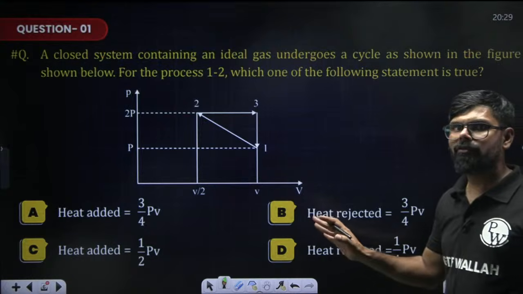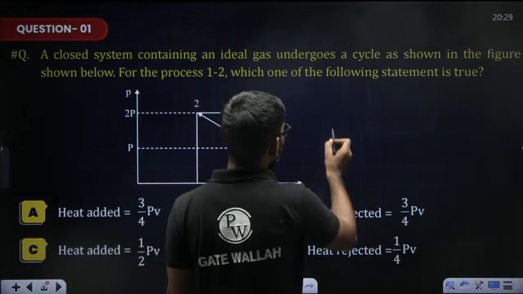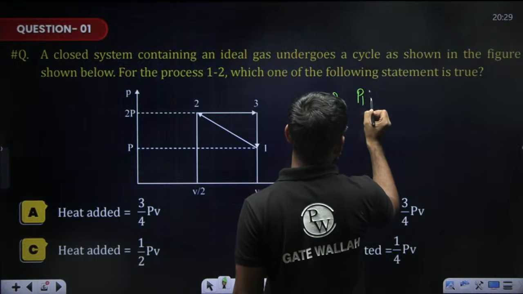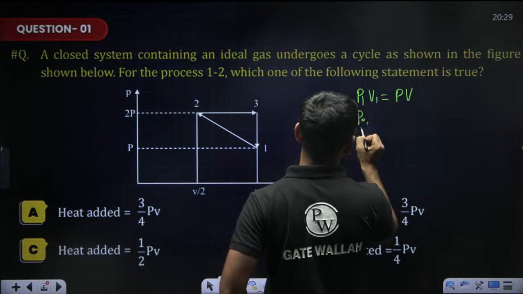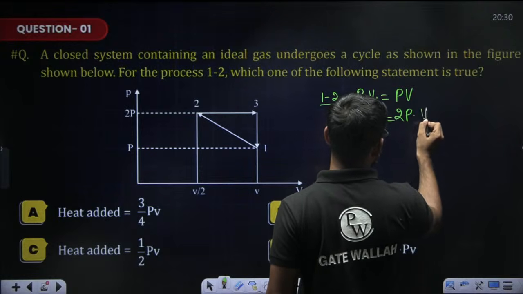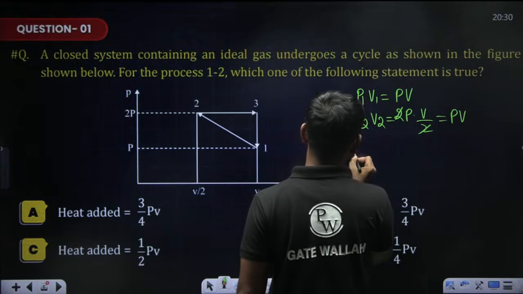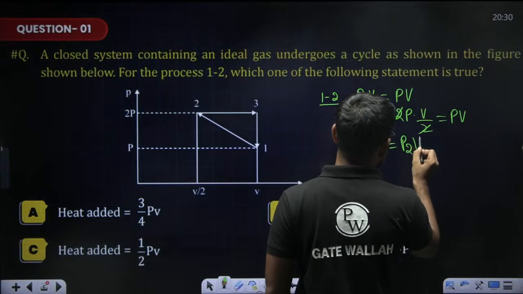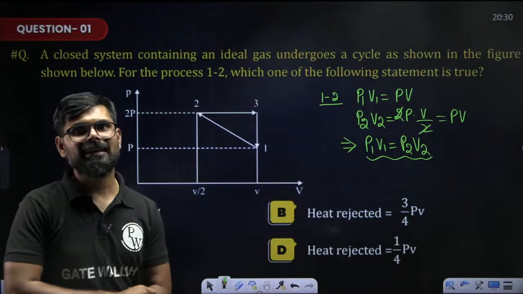Actually, if you look here, one very interesting fact I would like to share for the 1 to 2 process. My dear student friends, if you calculate P1 V1, P1 V1 will come PV. And calculate P2 V2. P2 V2 will come 2P into V by 2. The 2 cancels out, again it is PV, right? So basically you are getting P1 V1 is equal to P2 V2, and P1 V1 can be written as mRT1.